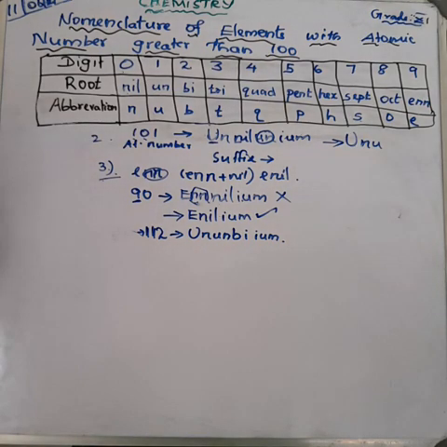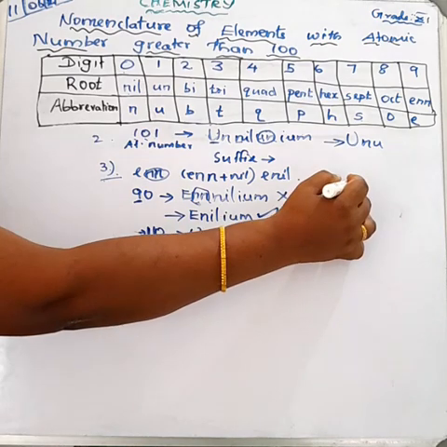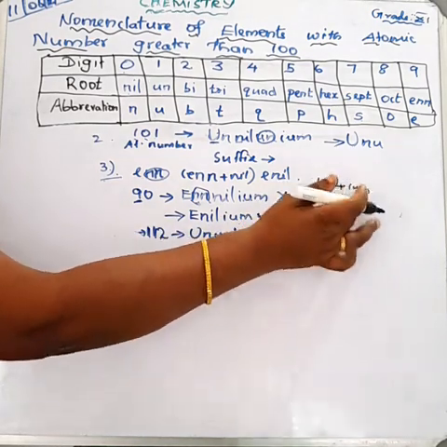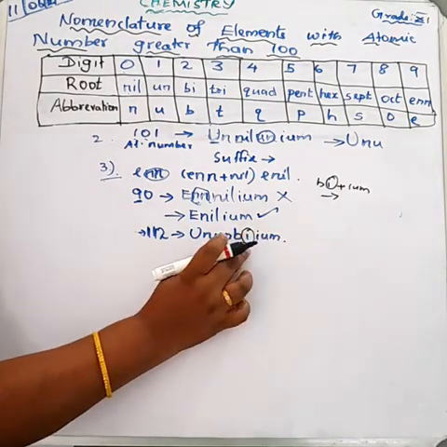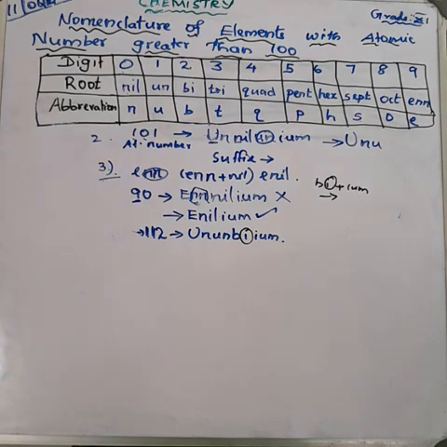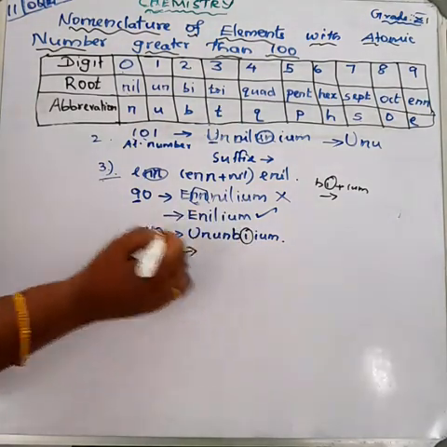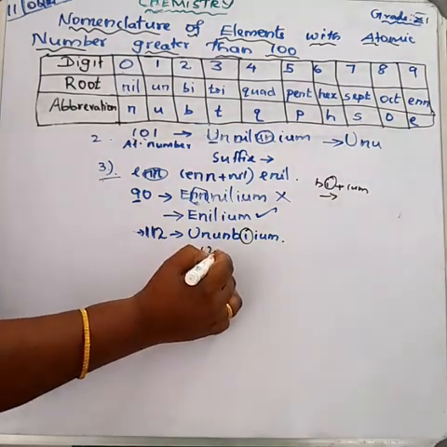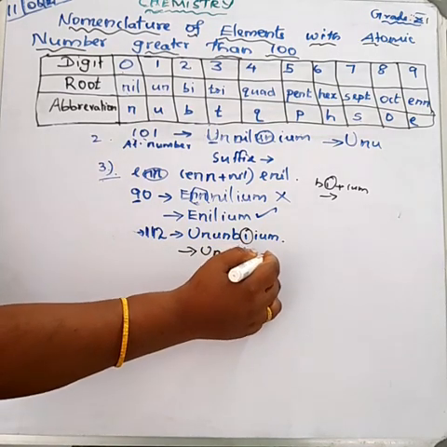The final i of bi is omitted when it is written before ium. If you are writing bi before ium, you can omit the i of bi. Understood? So how can we write the name here? Ununbium.